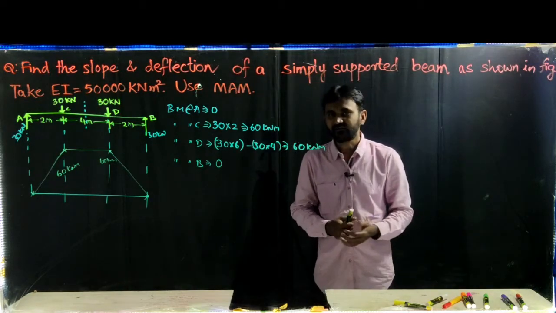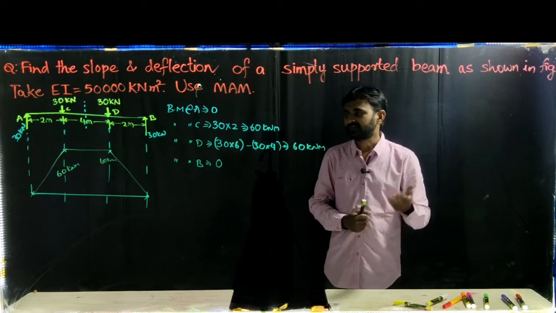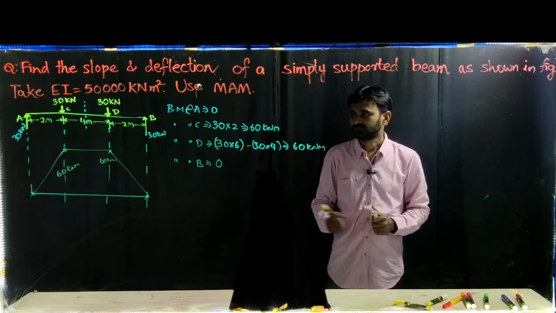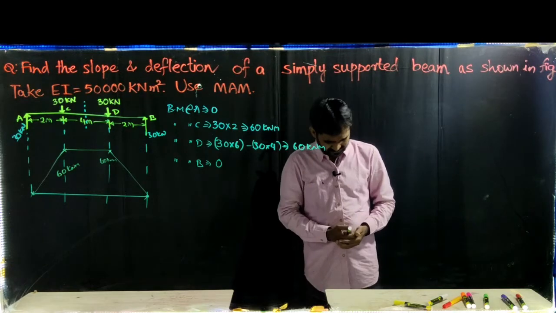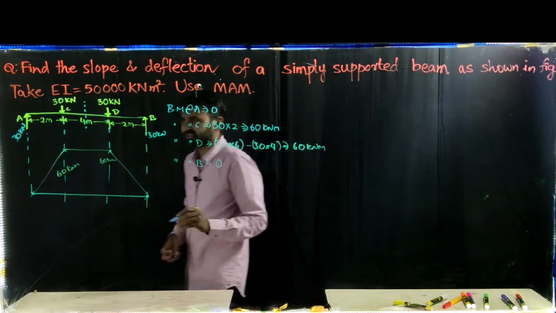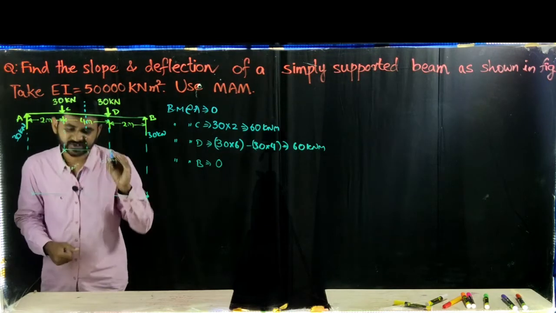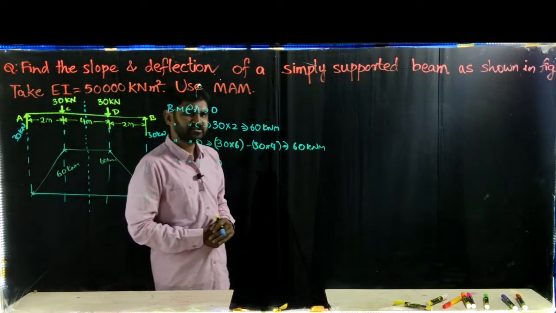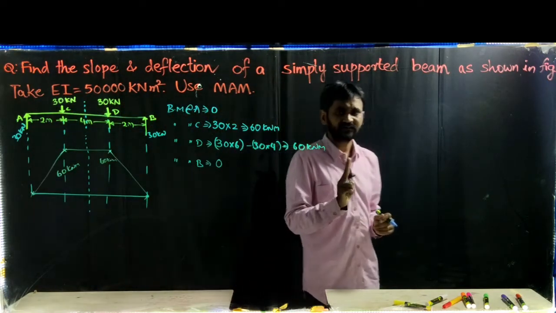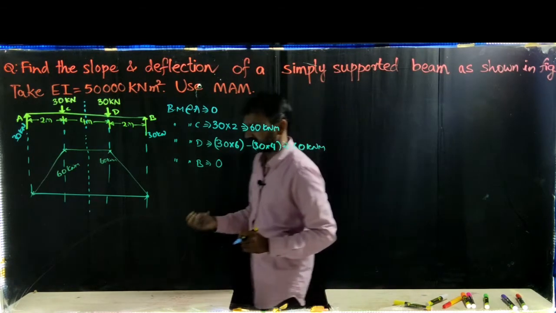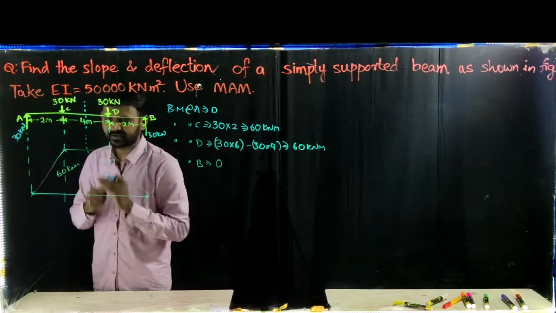So generally what you will do in the slope and deflection, as you have done previously, you have to calculate the area. So how to calculate this area? As I said earlier, it is a symmetrical section. Now you can divide the section into two equal halves, so that your problem can be solved easily. So this is my half symmetrical section.